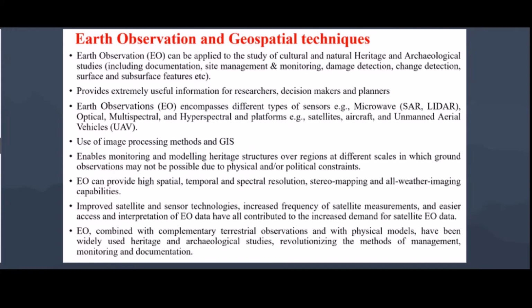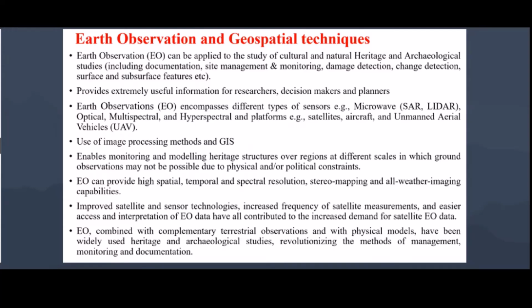So just to recap all the advantages that geospatial technology offers for archaeological studies, the first one being that it can efficiently survey large areas of land and pinpoint the most promising locations for conventional examination. Because one is able to see it, it gives us a synoptic view, right?